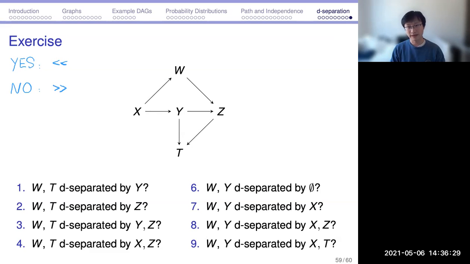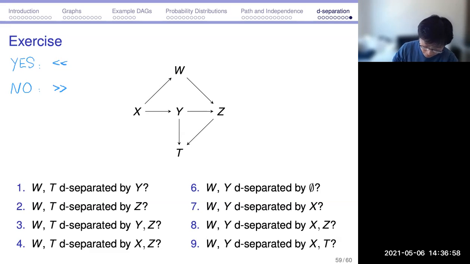But the important thing is that we want to use this notation for blocking paths in what we're going to see next. So let's go through exercises 6, 7, 8, 9 briefly. If you haven't decided on yes or no to a particular question, that's fine too.